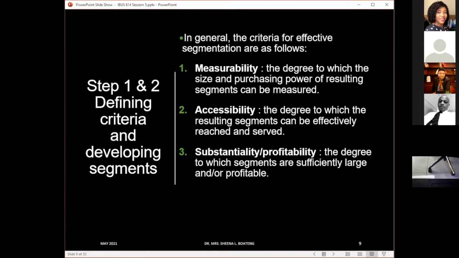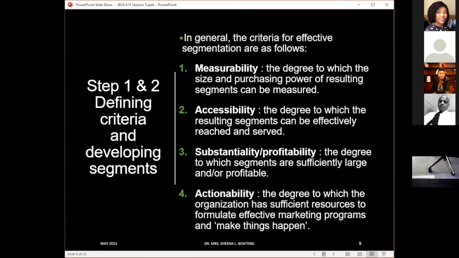So for a firm with the intent of making actual profits, they need to think about segmenting the market based on how profitable or how substantial the market is in terms of purchasing power and purchasing volume, to ensure that they can sell enough to attain the levels of profitability that they are looking for.